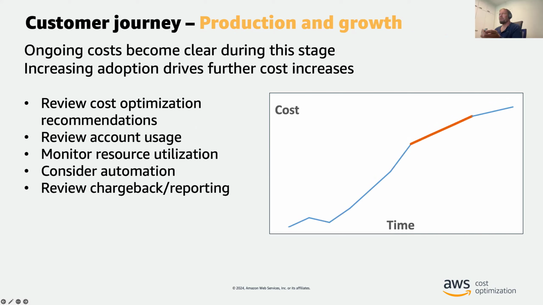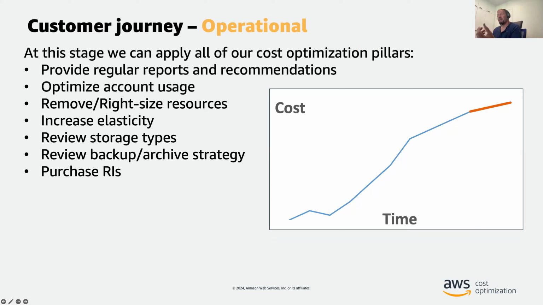How can I save costs here? Review the usage, keep monitoring it, consider some automations, like you might have built your monolith to not have auto scaling, for example, and then you just review those.